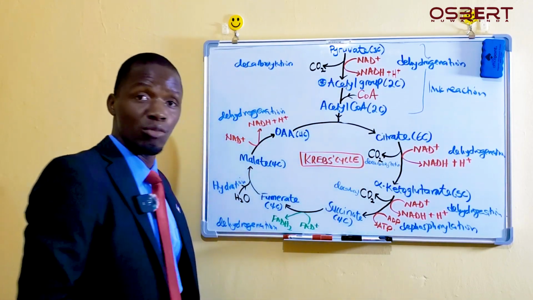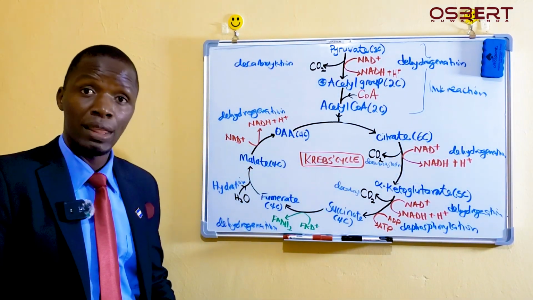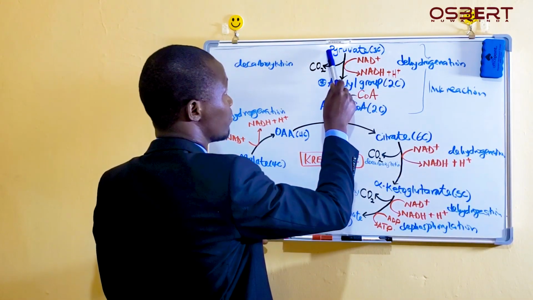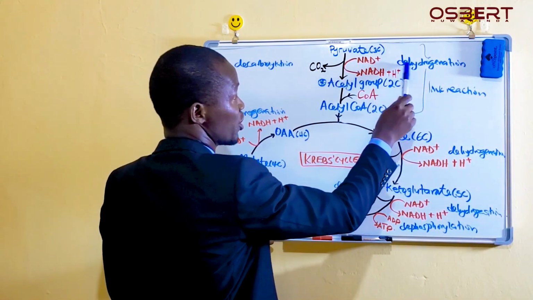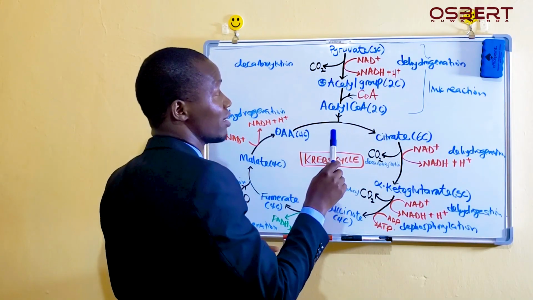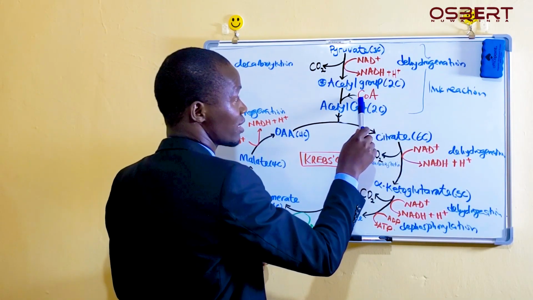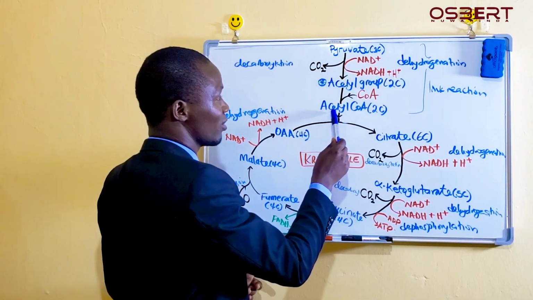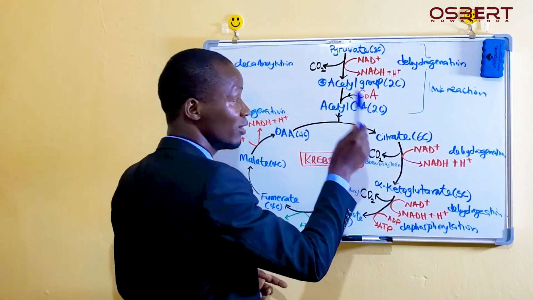So you may be reading a book and find they have said pyruvate undergoes dehydrogenation by NAD+, undergoes decarboxylation, and at the same time combines with coenzyme A to form a 2-carbon molecule known as acetyl-CoA.